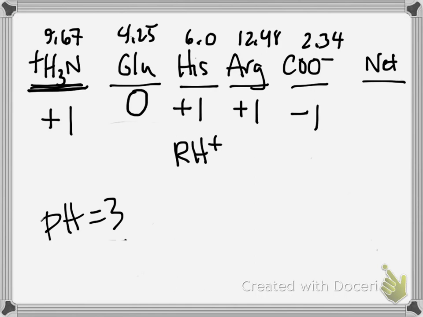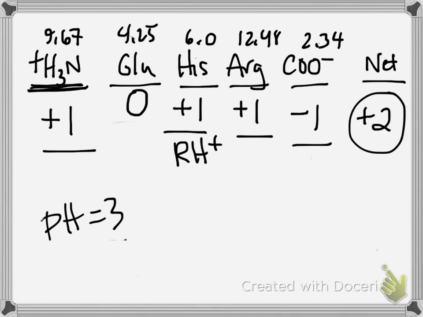So now that we have the charge contribution for each of those groups, we just go ahead and add everything up. So +1, +1, +1, -1, so that's 3 minus 1, which would give us a +2 net charge on this peptide.